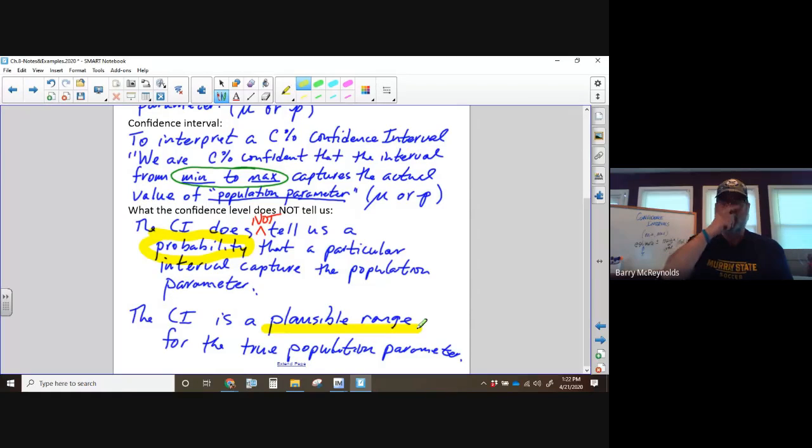So either way, we want to make sure that we understand that a confidence interval is not interpreted in terms of probability. But it is or could be considered a plausible range for us to understand where the true parameter lies.